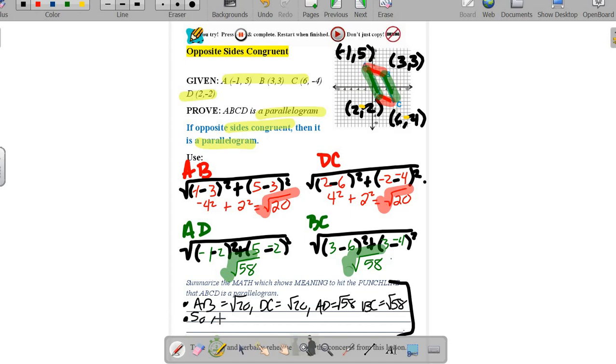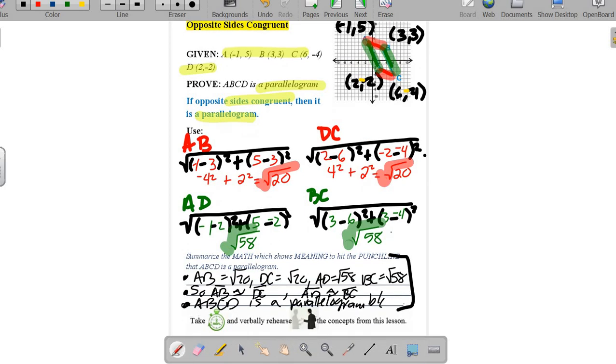Math, meaning: so AB is congruent to DC, AD is congruent to BC. Punchline: ABCD is a parallelogram because opposite sides are congruent.